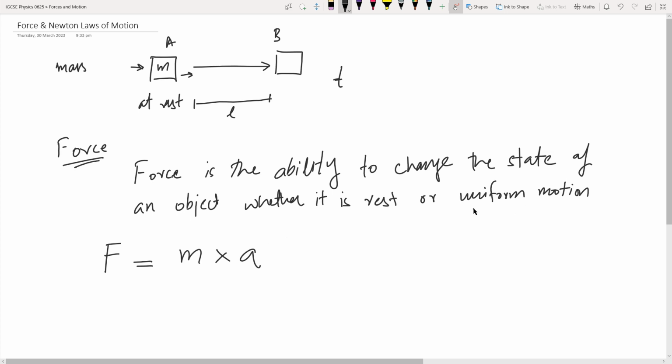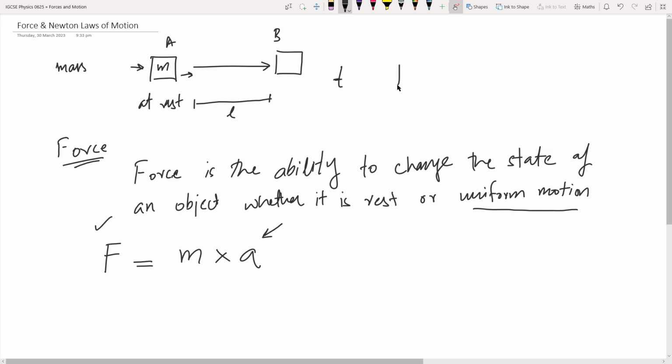Because we're using the term uniform motion, and if we disturb uniform motion, we say that a certain acceleration was involved, and the product of these two would be force, right? So force is the product of mass and acceleration, and that acceleration could be positive if we're increasing the speed, and it could be negative if it is stopping, or it's in the reverse direction, right?